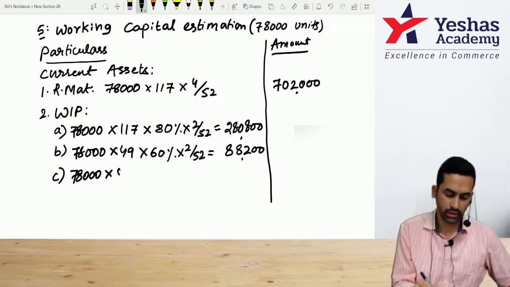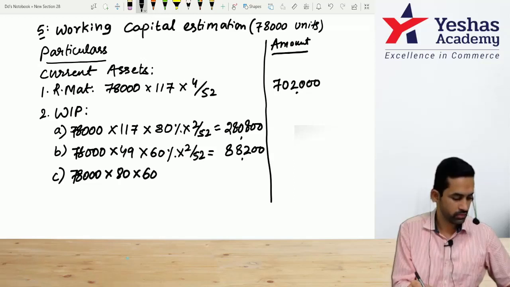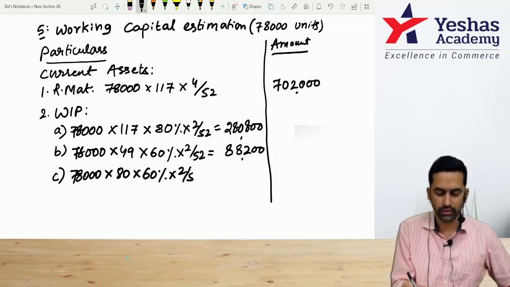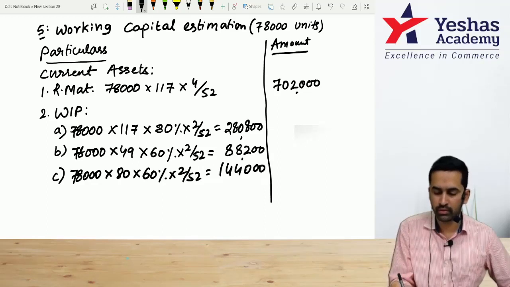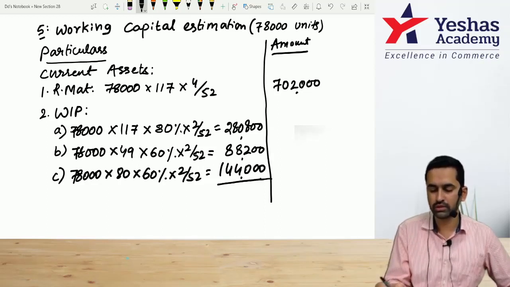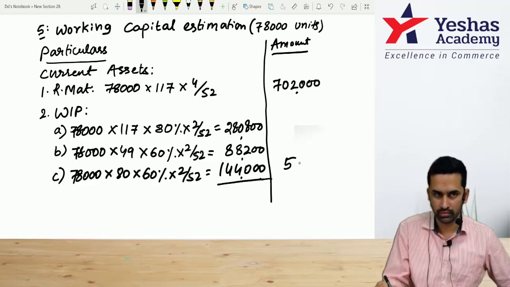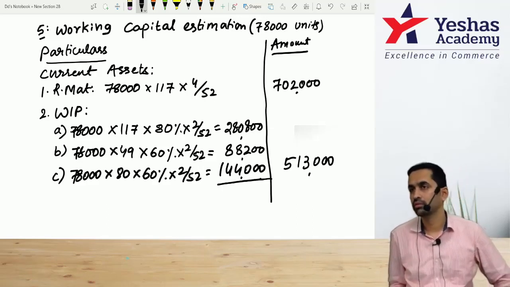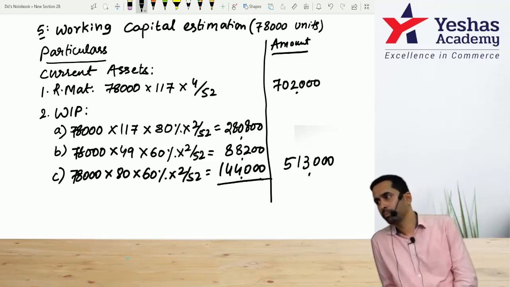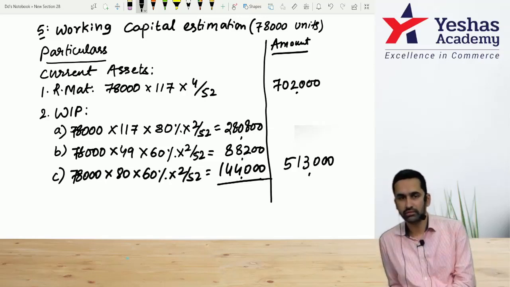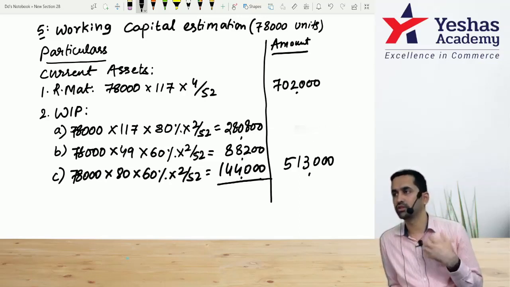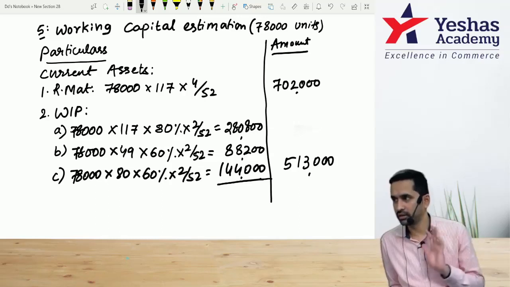Minus that and take only 80 rupee. 60% into 2 by 52. Total of this is my WIP. 513,000. Again, I repeat, any day you come to my factory, this much of work is always in progress. So much of our money is in factory all the time.